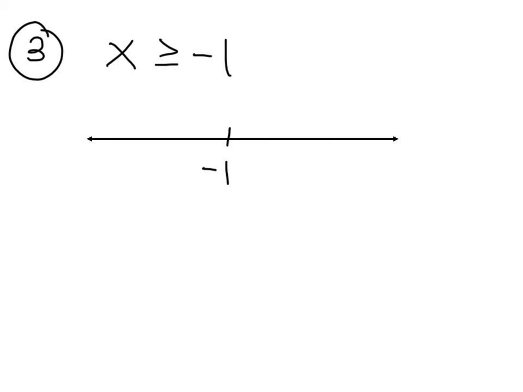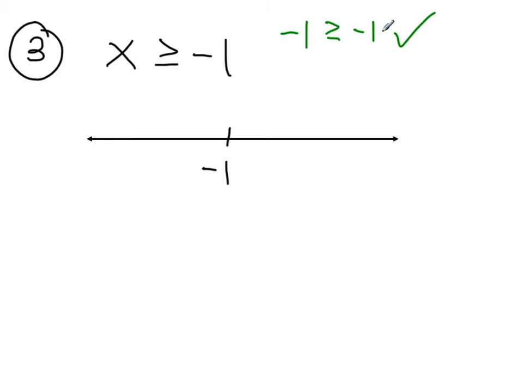So let's try another one with this newfound knowledge. Let's say x is greater than or equal to negative 1. So we'll draw our number line. Negative 1 is the center of our focus. X is everything bigger than or equal to negative 1. So if I was to ask, is negative 1 greater than or equal to negative 1? You'd say yes. Negative 1 equals negative 1, so it works.